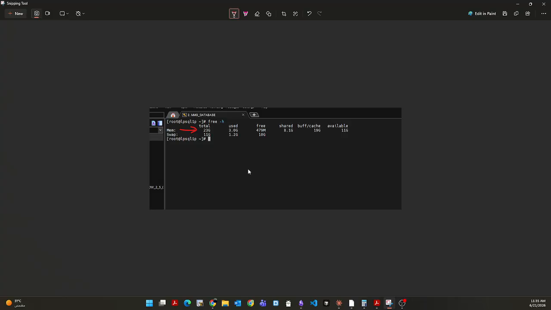Here you can see the server has 23 gig, and there is only 3 gig used, but in the free column we have only a few megabytes, which is like half a gig less. Okay, and we have shared. We'll talk about this. Also, the shared is 8 gig, and the buffer cache is 19 gigabytes. But at the same time, you can see here also we have 11 gig available.